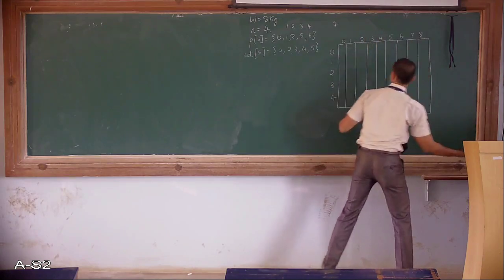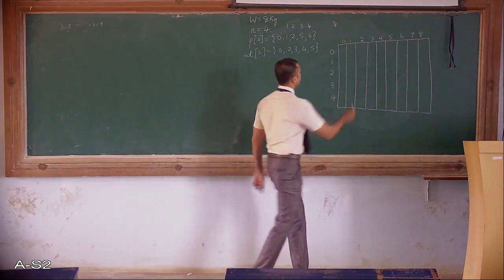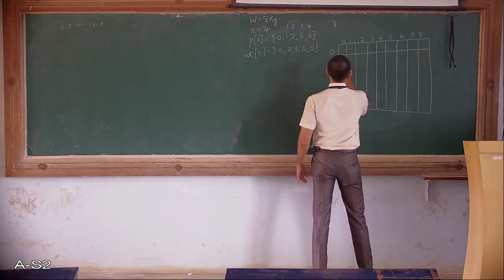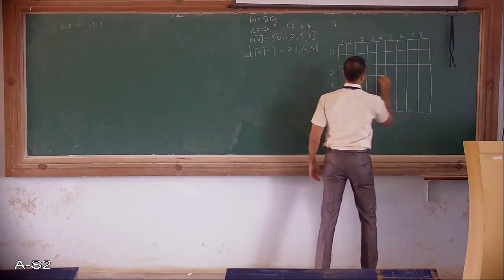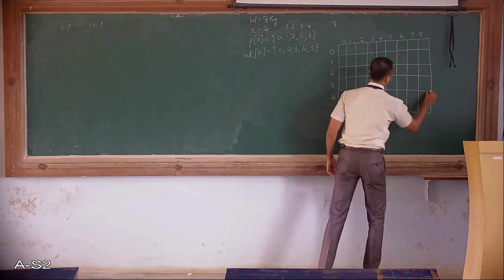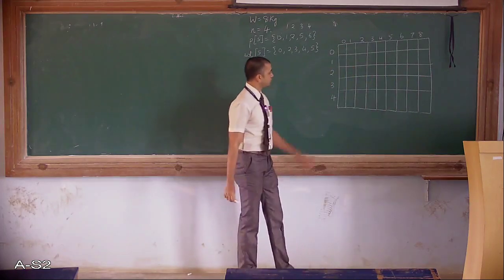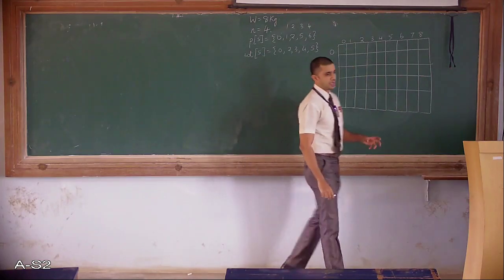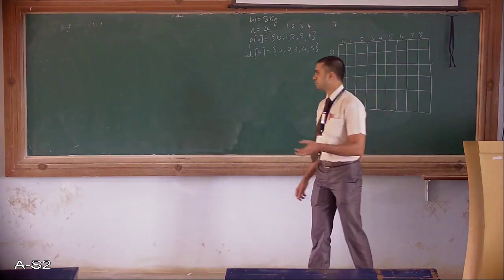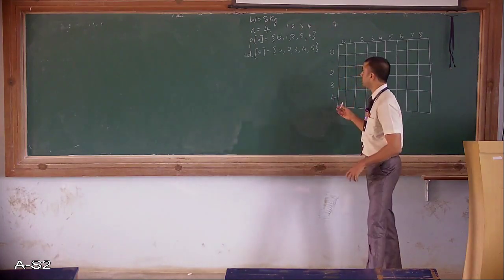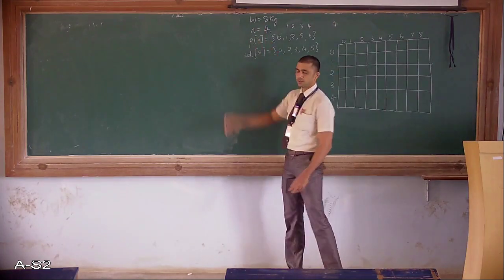So I have these n plus 1 rows and w plus 1 columns. I need to fill this table so that I'll be able to find the optimum solution or the maximum profit, but keeping in mind I do not exceed this capacity.